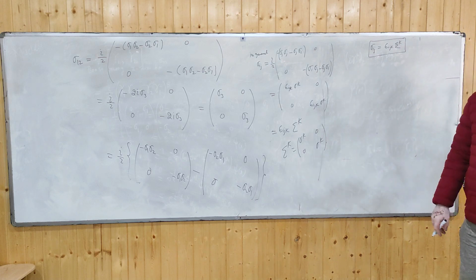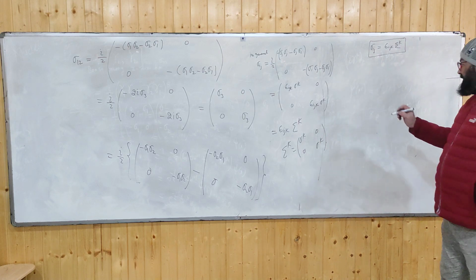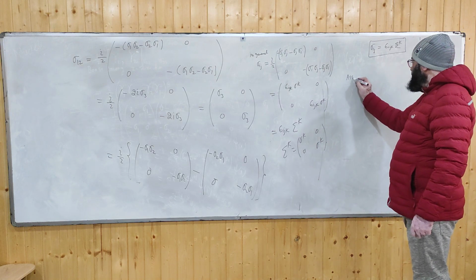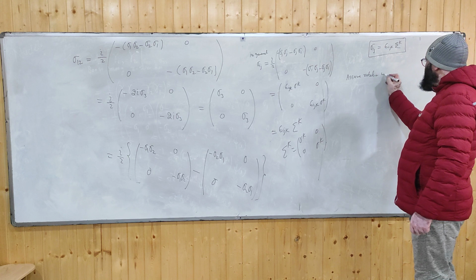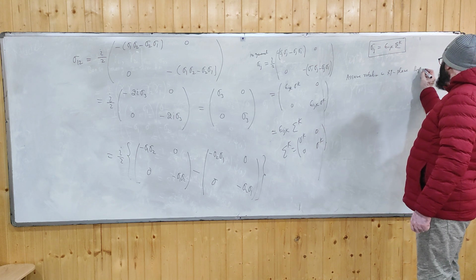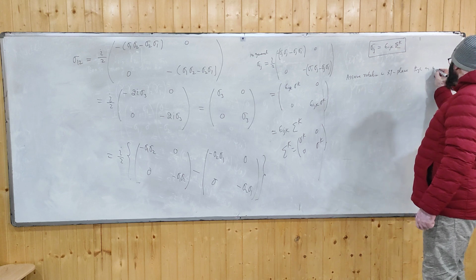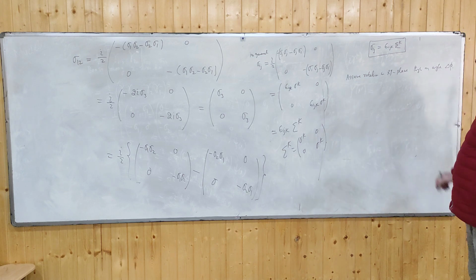Okay. So now let's take the rotation in xy plane. Assume a rotation in xy plane through an angle, let's say delta phi. Clear? And let's say through an angle phi.